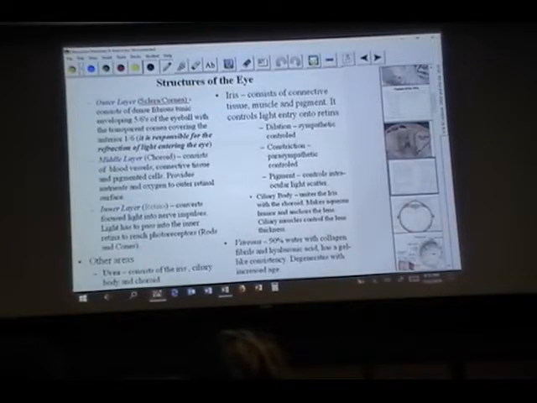And the lens is taking that refracted light and trying to focus it on an area of the surface of the retina, a little bit more lateral in position than the optic nerve, called the macula. Inside the macula is an area of highest visual acuity, which is called the fovea centralis. Okay.